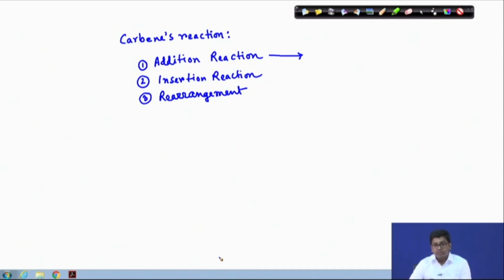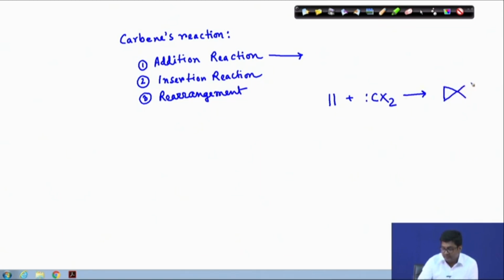So, this method is very important and is one of the most used methods to prepare the cyclopropane ring. So, in general, you can make the cyclopropane ring from the olefin. Okay. So, these are the addition reactions we have started to learn.